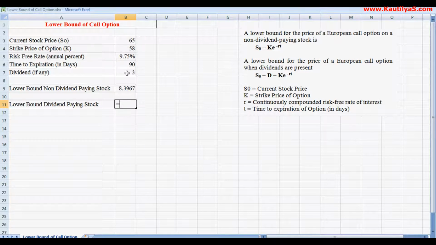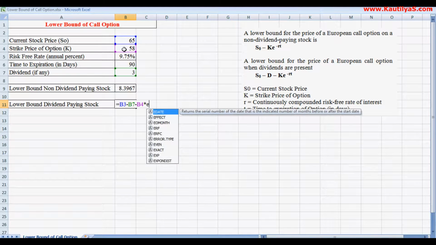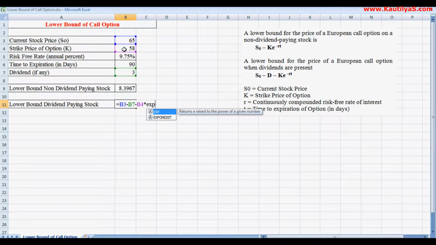So this equals our current price minus dividend paid minus present value of strike price, that is strike price multiplied by the exponential function of Excel, minus R, the annual rate of return, into T divided by the total number of days in a year. And when a dividend is paid, our lower bound of the call option is 5.396.